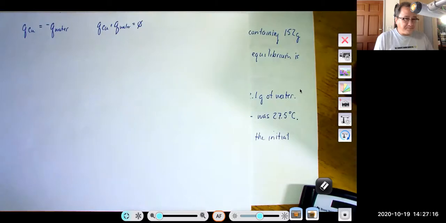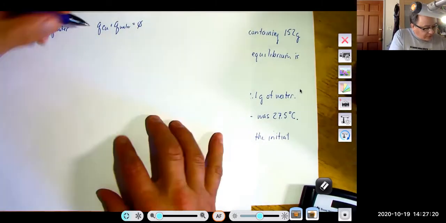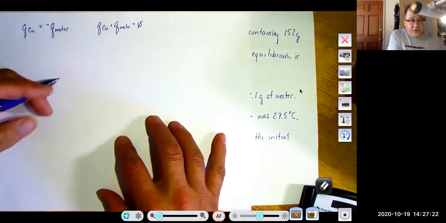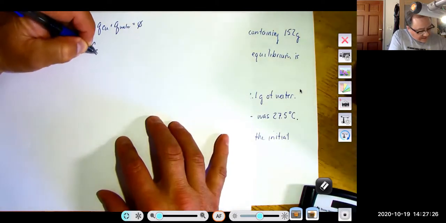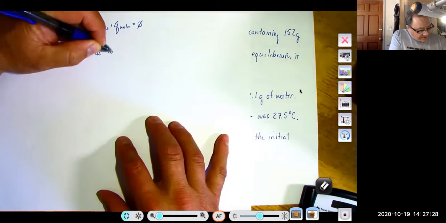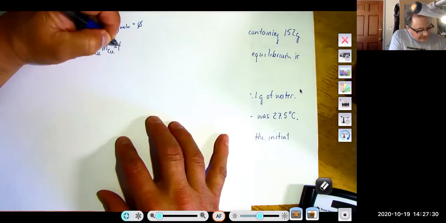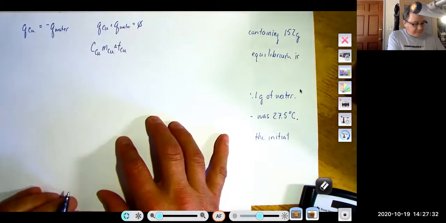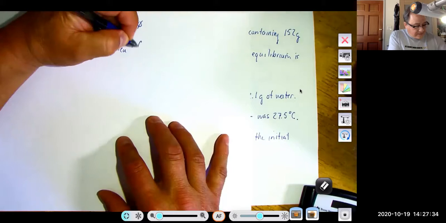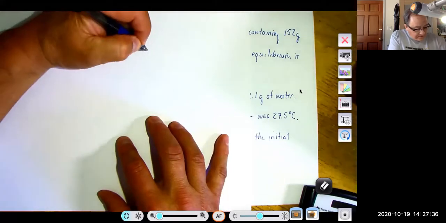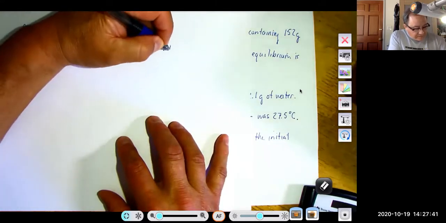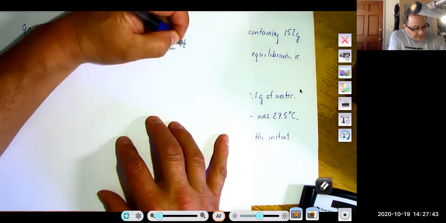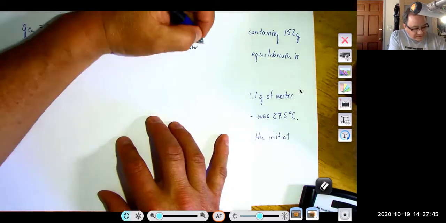Okay. And you know what I'm going to do? I'm actually going to start with this. So here, what's the formula for Q? It's C of the copper, M of the copper, change in T of the copper, plus C of the water, mass of the water, change in T of the water is equal to 0.